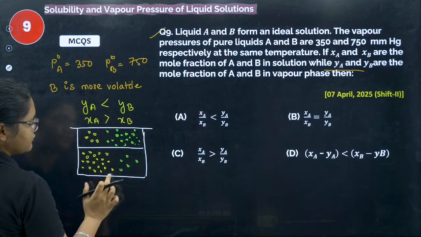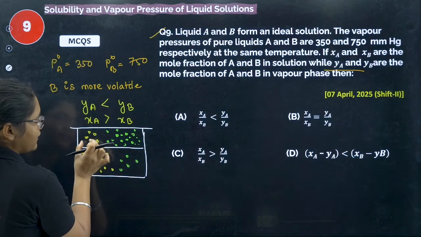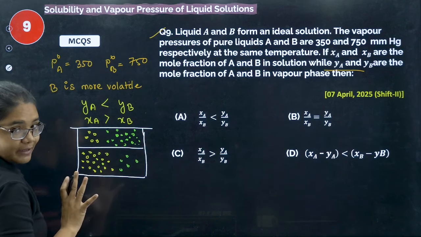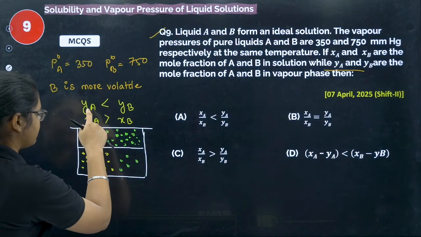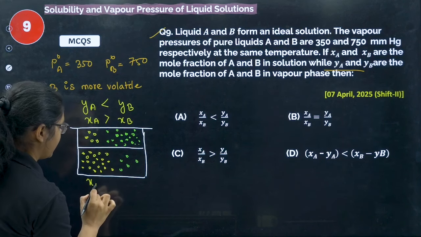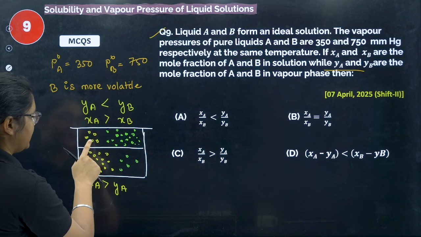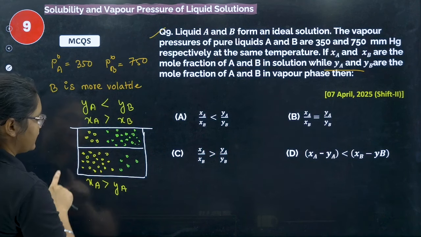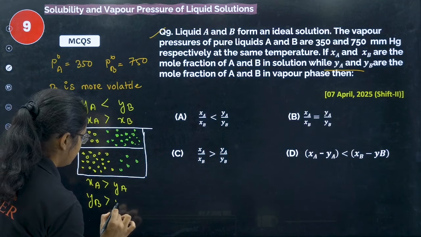Mole fraction of A is more than the mole fraction of B. Mole fraction of YA is less than the mole fraction of YB. One more comparison that I can do between XA and YA, that XA is greater than YA, and YB is greater than XB.